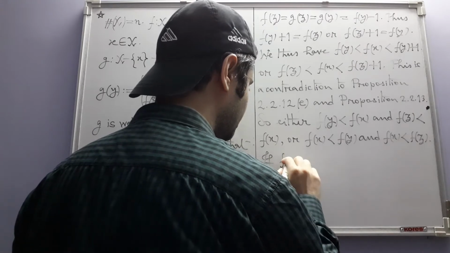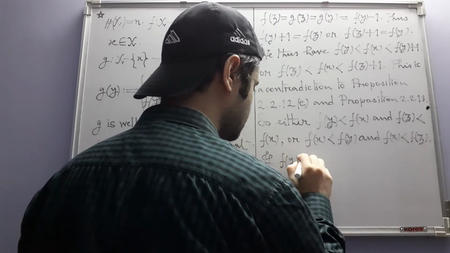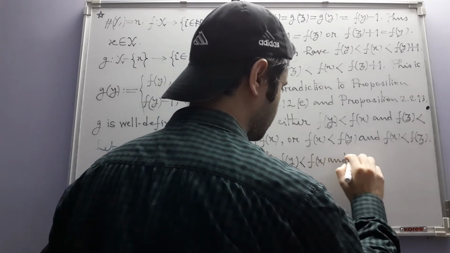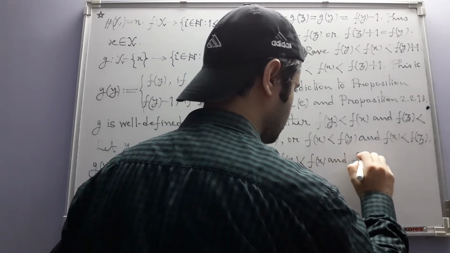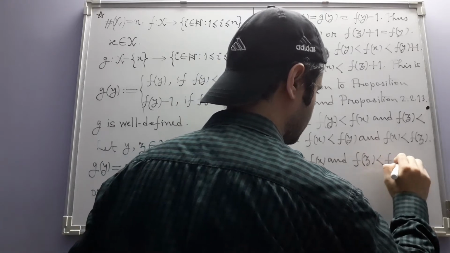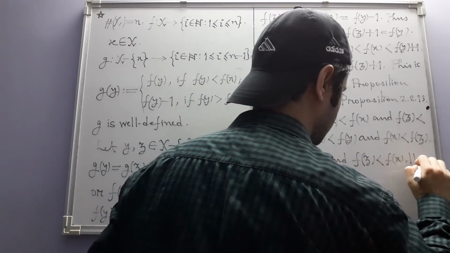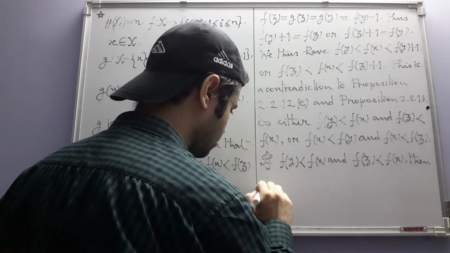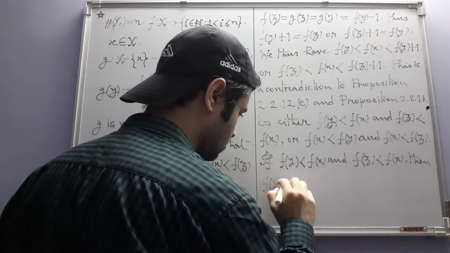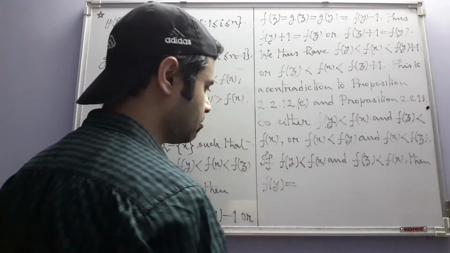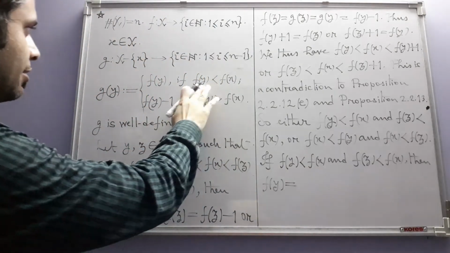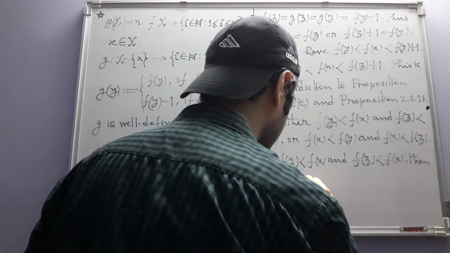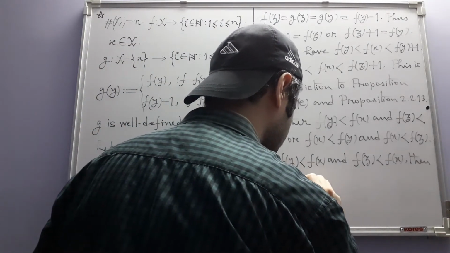If both of them are less than f of x, then f of y is equal to, because both are less than f of x, so we can apply this part of the formula for g, g of y.